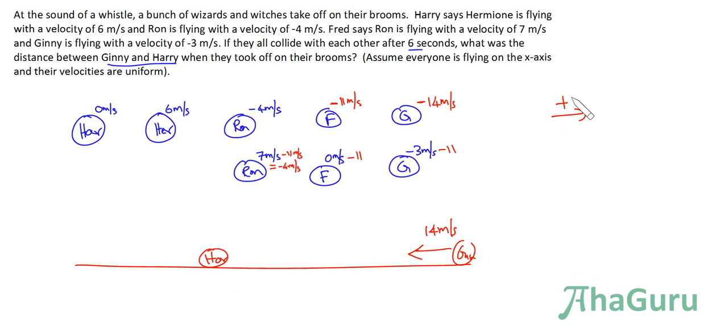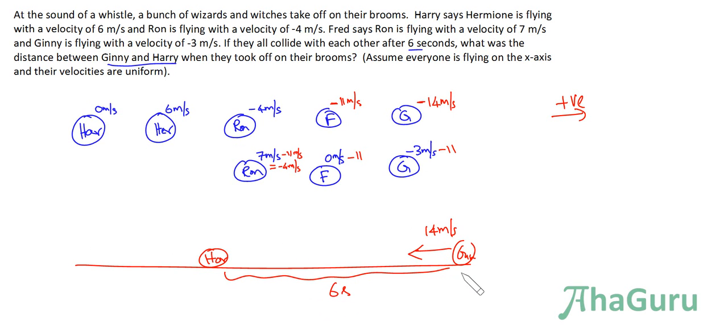Now this is the positive direction for the x-axis, so she must be moving like that. If she was there and Harry was here, she's never going to collide with Harry, right? Probably she wants to meet Harry, that's why she's flying so fast. And we know that Ginny comes and collides with Harry, and probably as a joke, everybody else is also colliding with both of them. So they're all going to collide with Harry 6 seconds later.